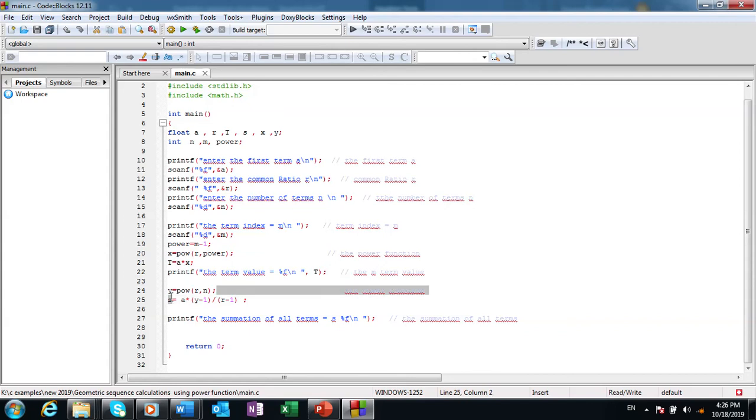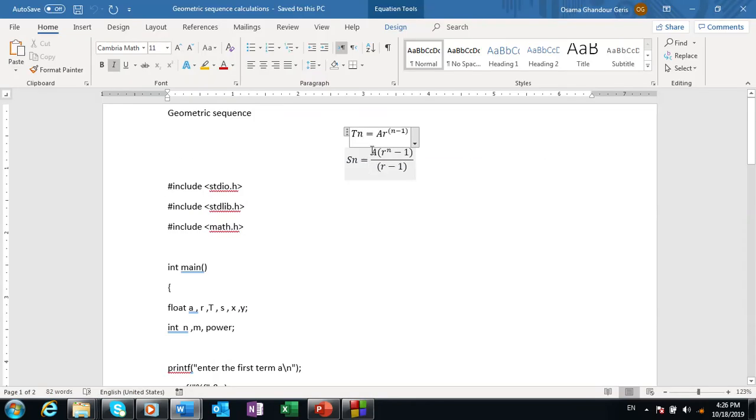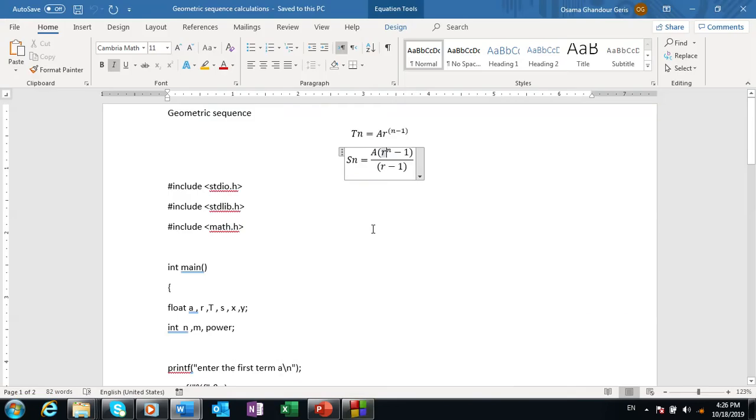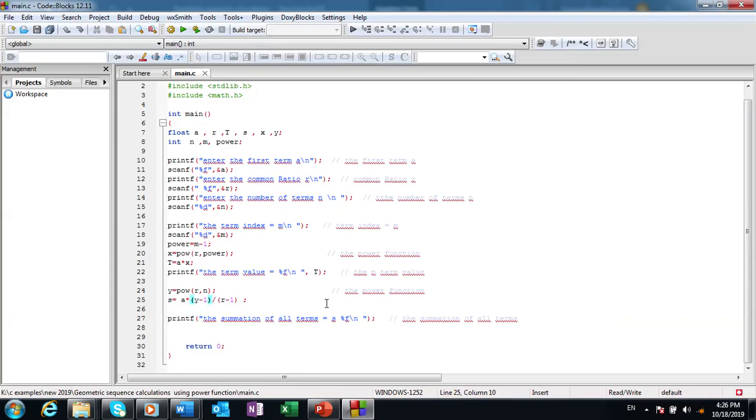This is the exponential, r to the n, minus 1, times a, and all divided by r minus 1. This is the equation. You are just writing equations in this program.